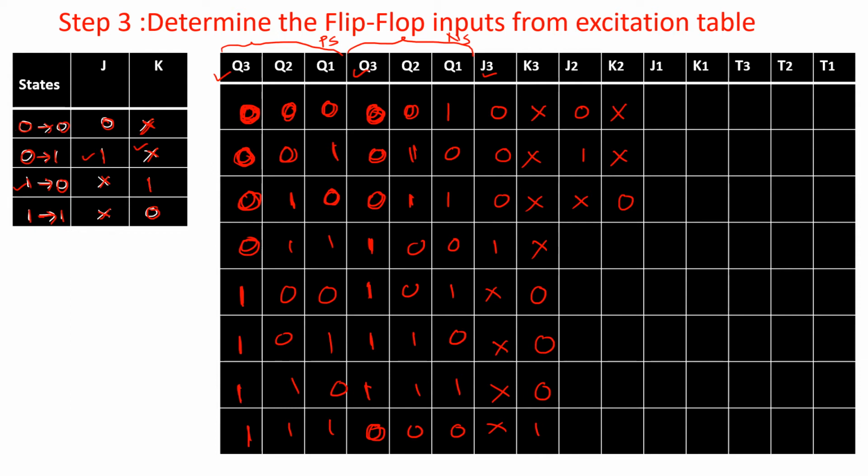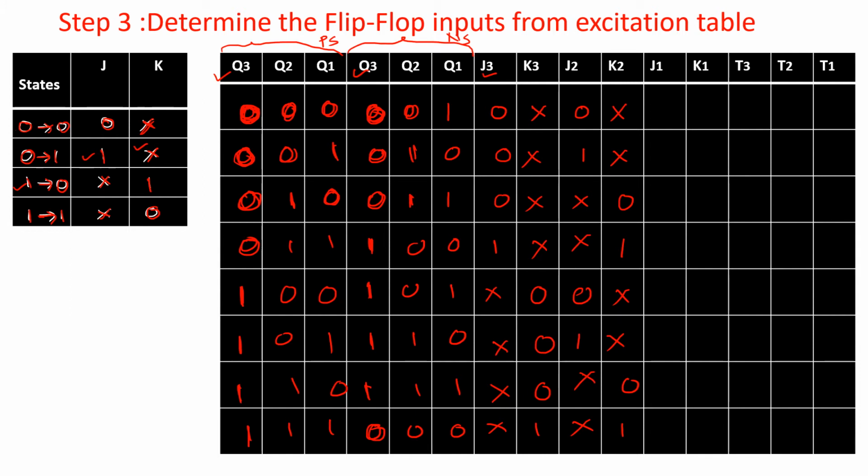So if you go on filling accordingly, what we will get next is don't care 1, then 0 don't care, then 1 don't care, then don't care 0, then don't care 1.